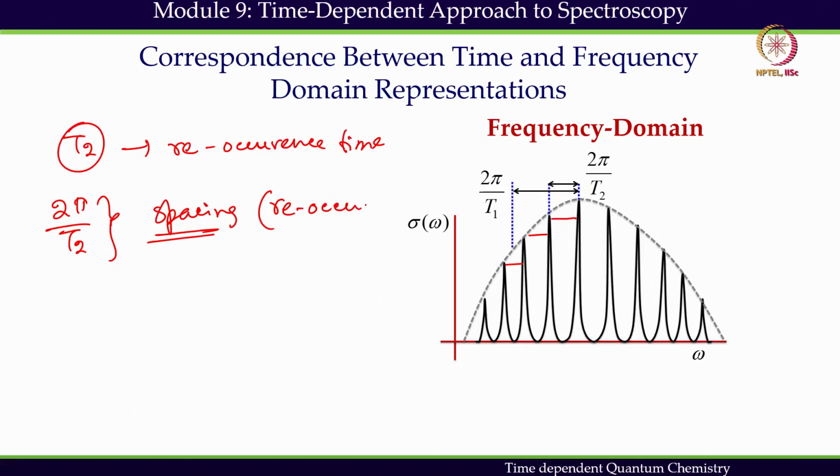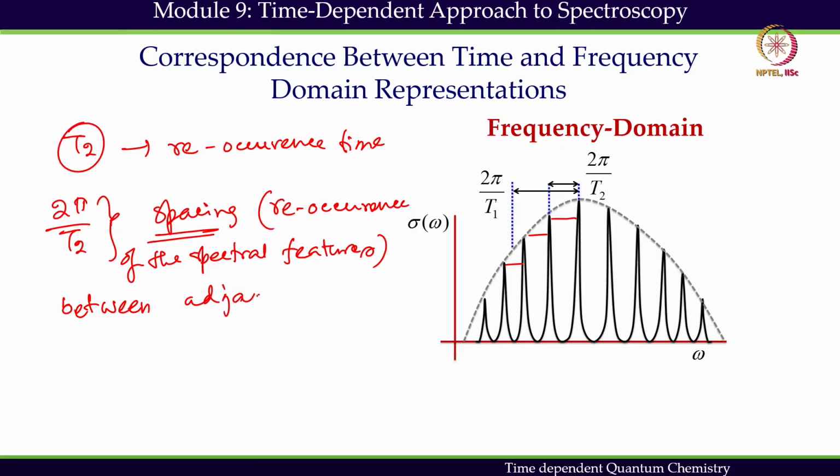So there is a direct correspondence between these two: reoccurrence of the spectral features. 2 pi by T2 is going to control the spacing between adjacent spectral features.